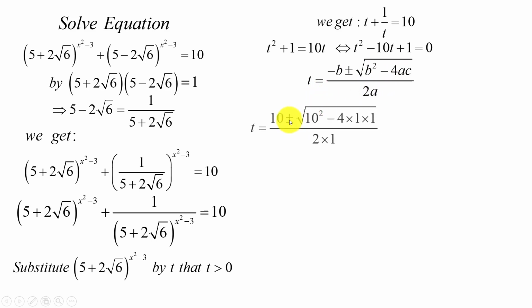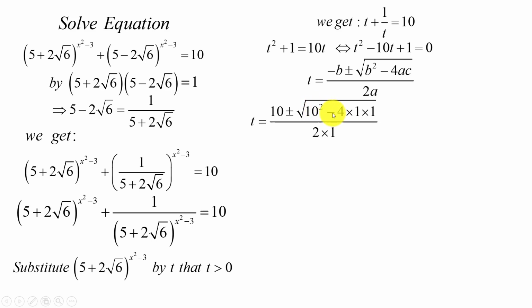Okay, now we get t is equal to, where b equals minus 10, so minus minus 10 equals 10. And plus or minus square root of minus 10 all squared. But it's minus, so I don't write it because a minus squared is also positive.